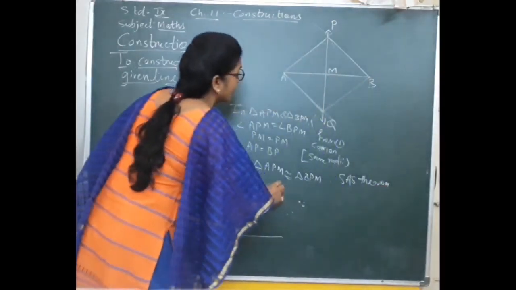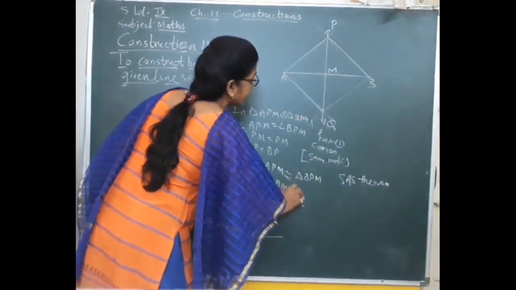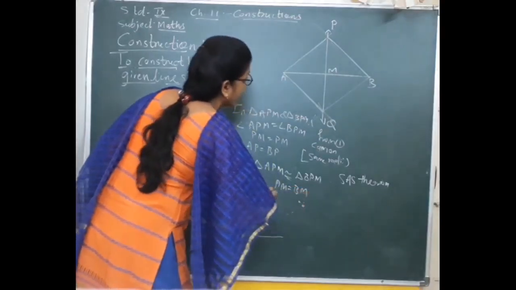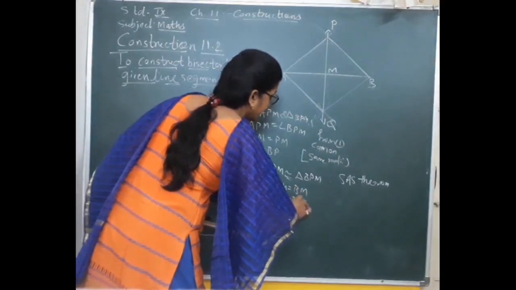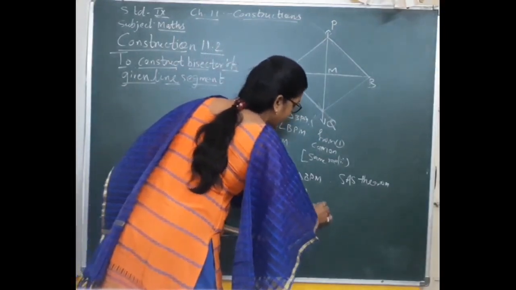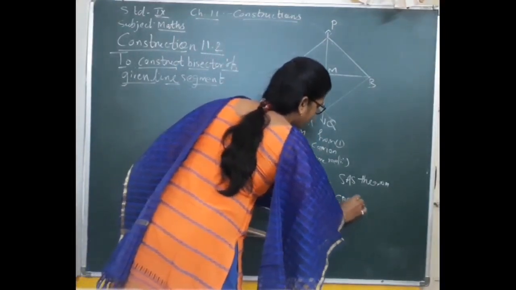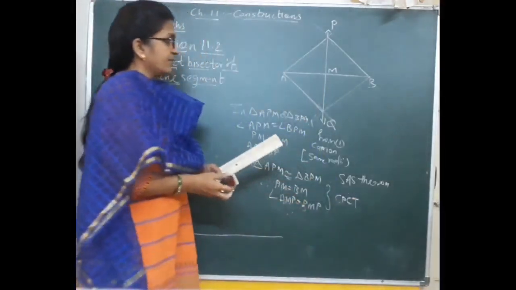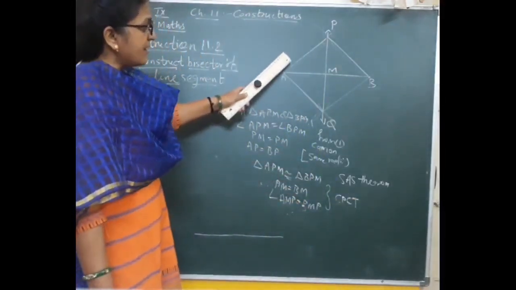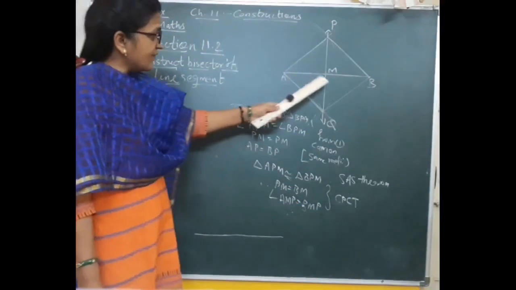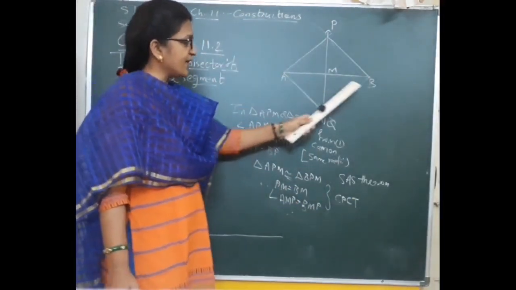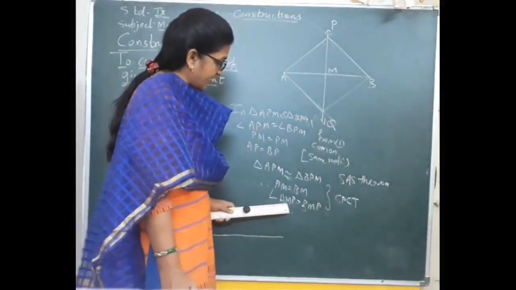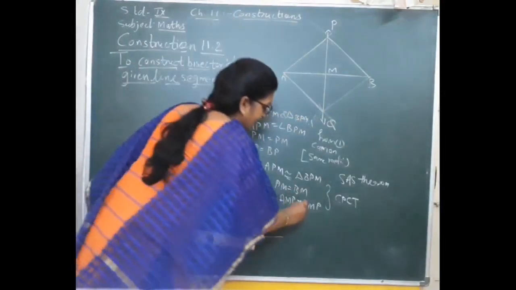Therefore, AM is equal to BM and angle AMP is equal to angle BMP, both by corresponding parts of congruent triangles. And now, if AM is equal to BM, that means M is the midpoint of line segment AB.